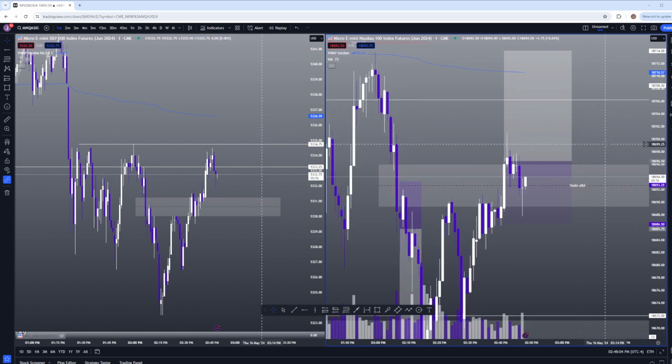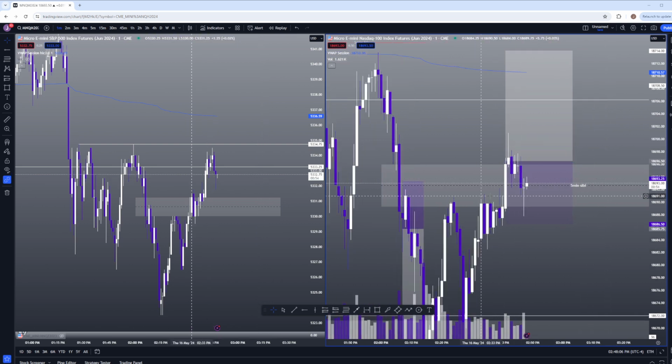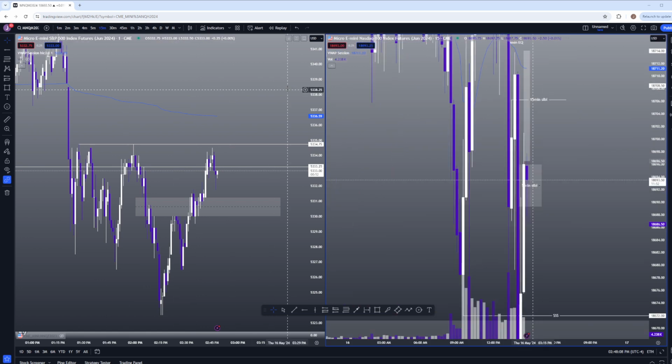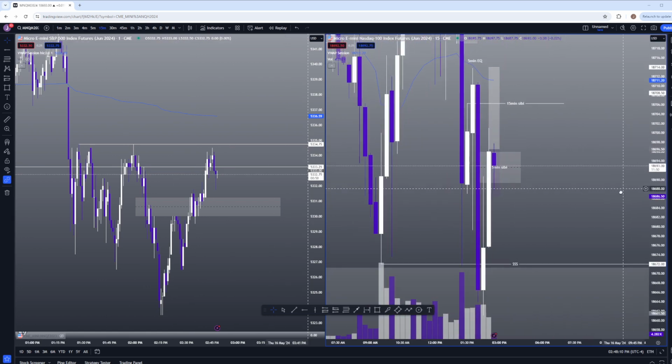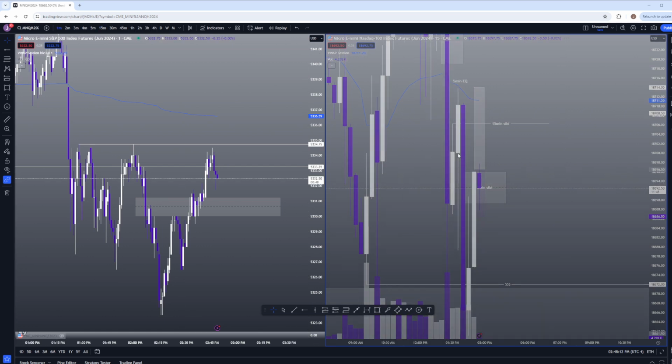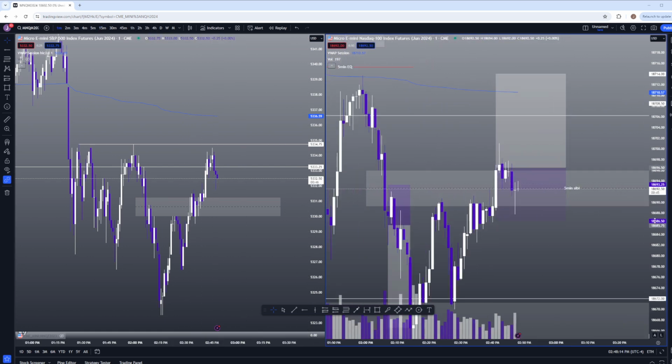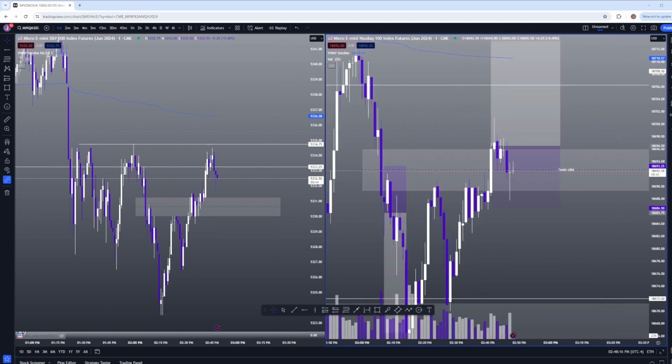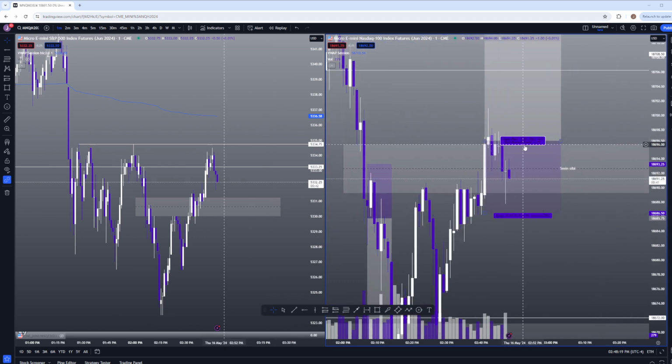I like how that 1 minute closed. Still respecting this 1 minute bullish fair value gap. We just got to see an expansion move soon. If we don't see that expansion move in the next minute or two, we might see us come back down.